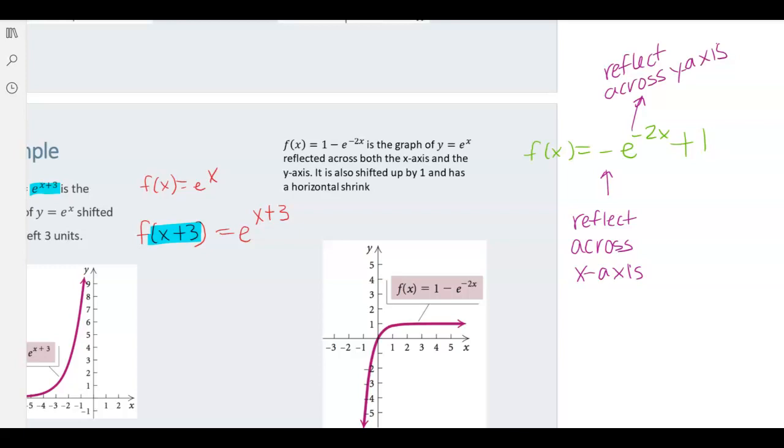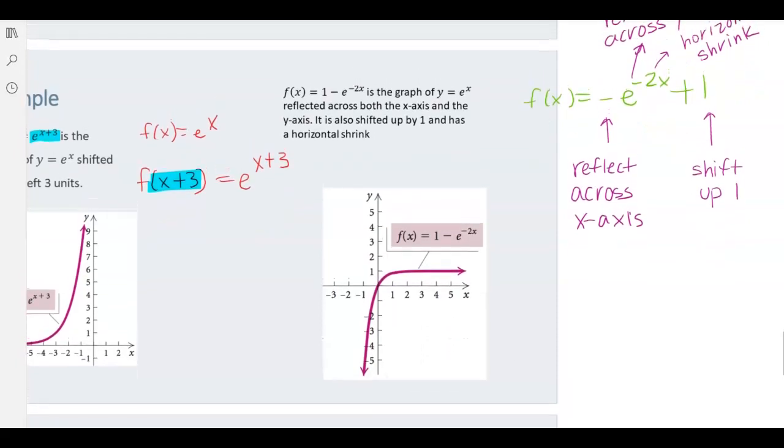And this 2 that's sitting there is going to be a horizontal shrink. Remember that when we're inside the parentheses, in this case inside the exponent, that has the opposite effect of what we would think. So a number that's larger than 1 is actually going to end up being a shrink. And then the plus 1 is going to shift the whole graph up by 1.